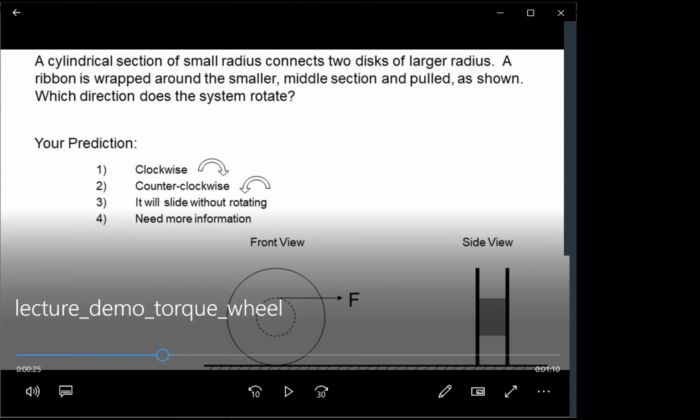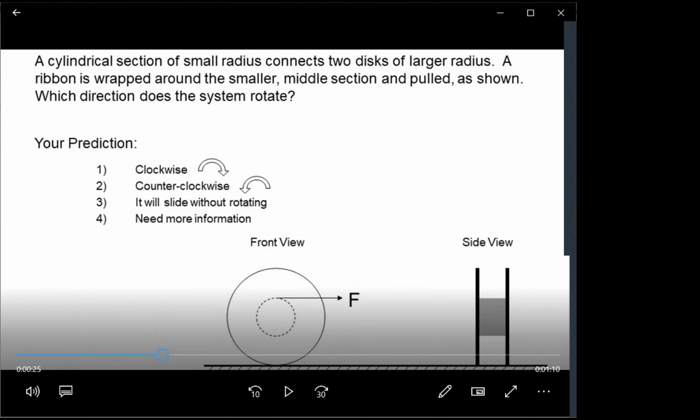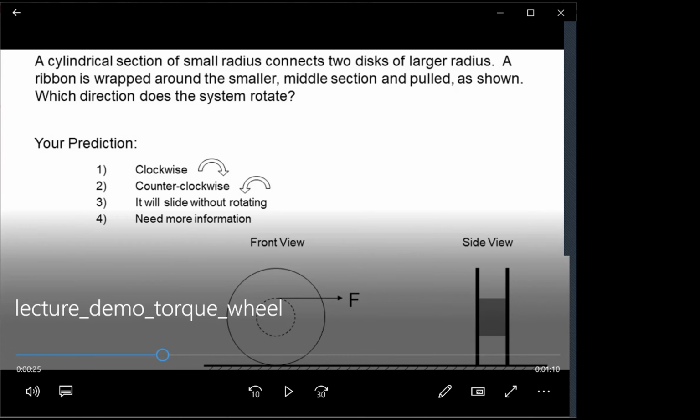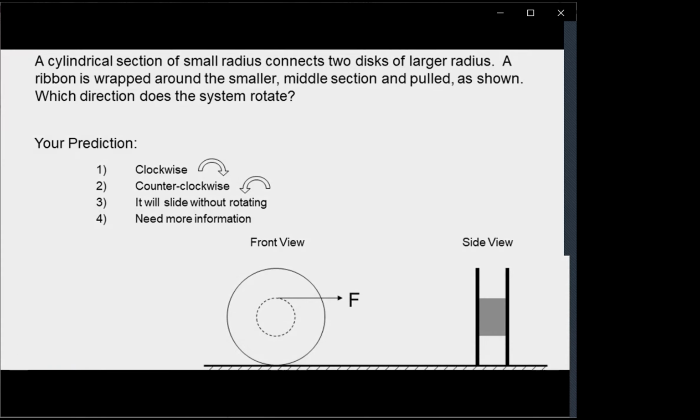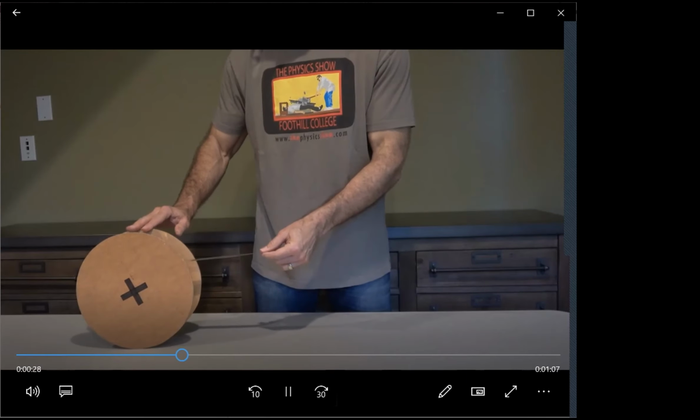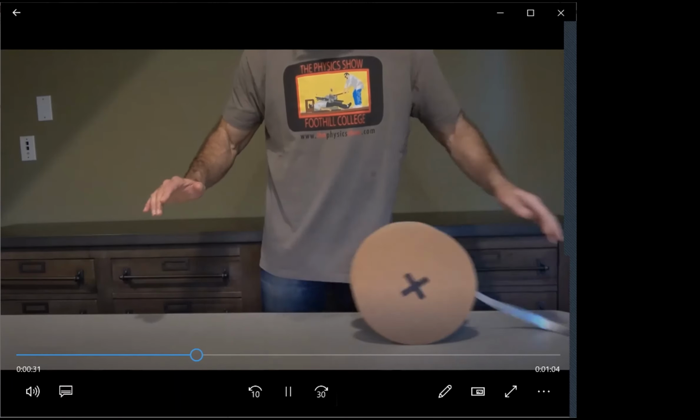What's going to happen when I pull on that wheel? Okay, we good with that? We pull on this, it's going to rotate clockwise and move to the right.